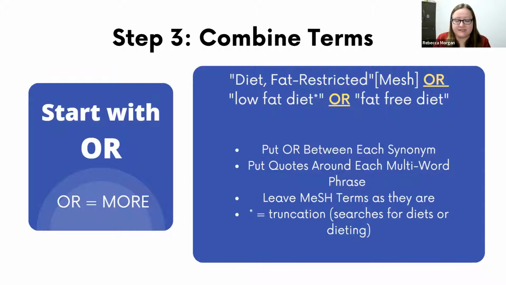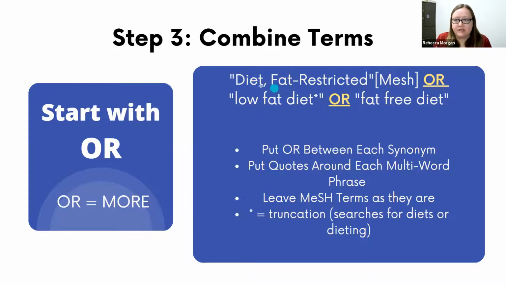You don't want to do just CHEM and asterisk. You really have to make sure that it's going to be reasonable and sensible extensions that it's going to be searching for. So diet, there's not an insane amount of terms that could come after it, so I feel comfortable putting truncation here.